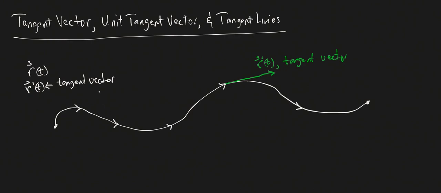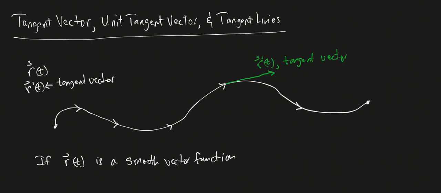So let's actually go ahead and state that. So if r of t is a smooth vector function, and remember, we have a formal definition for smoothness now.